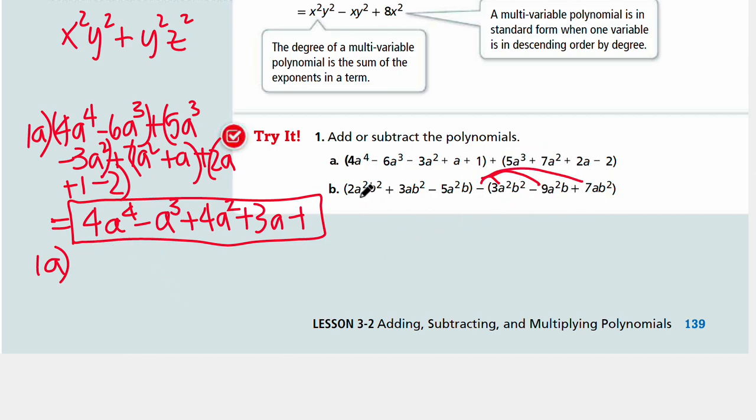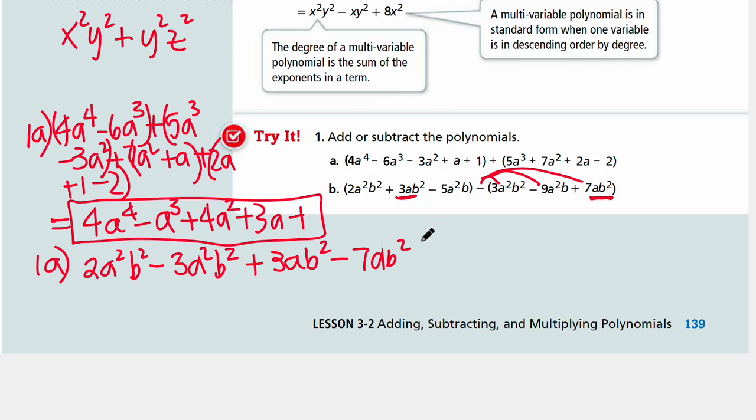Okay, so you have a squared b squared, so this is the like term. 2a squared b squared plus, wait, no, it's not plus, minus 3a squared b squared. Now ab squared is the same as the last term on the second one. So 3ab squared plus, wait, sorry, it's again negative 7ab squared.